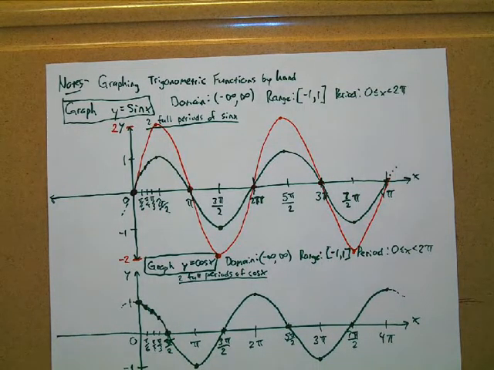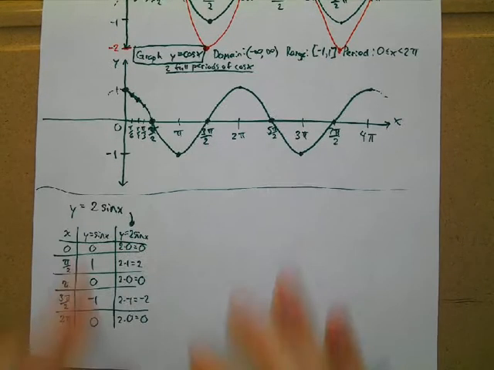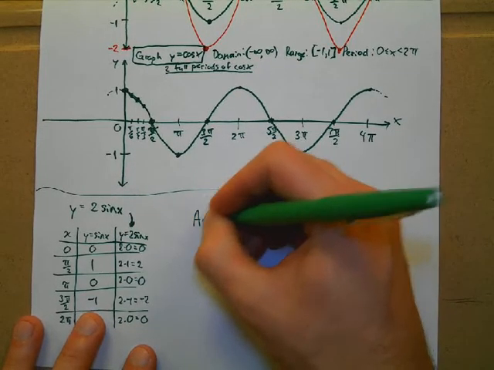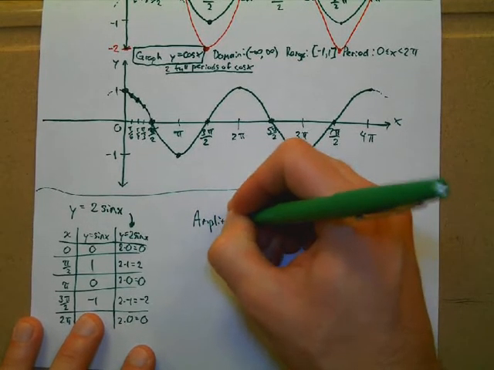There it is. And so that A, this value here in front of that sine graph, we talk about that and we call that the amplitude. The height of the wave there is changing from 1 to 2, so we say the amplitude is changing. Okay? So y equals A times sine of x, or y equals A times cosine of x.